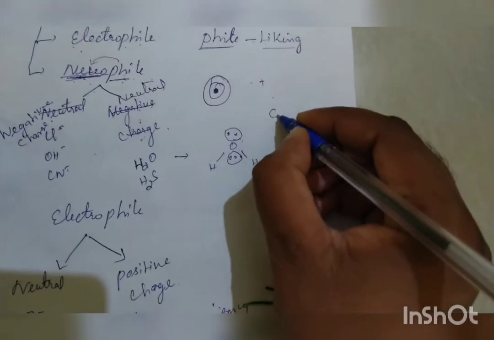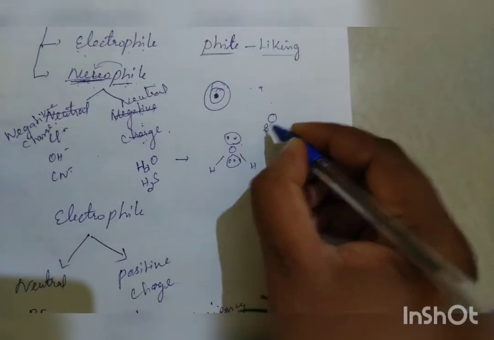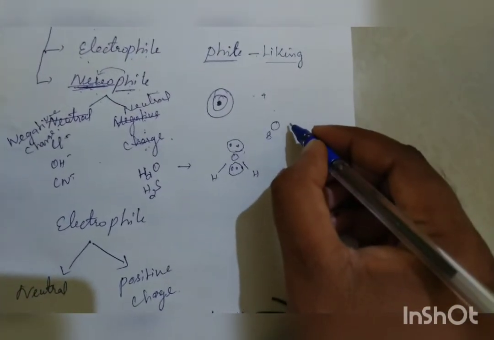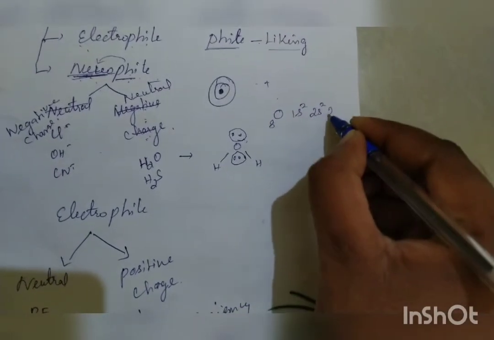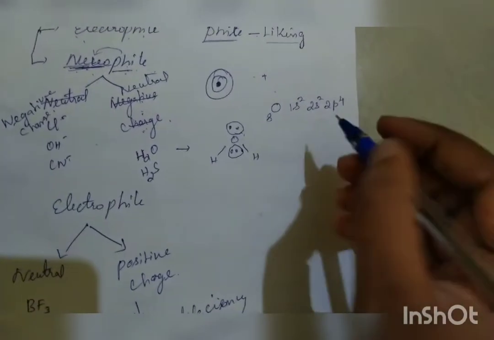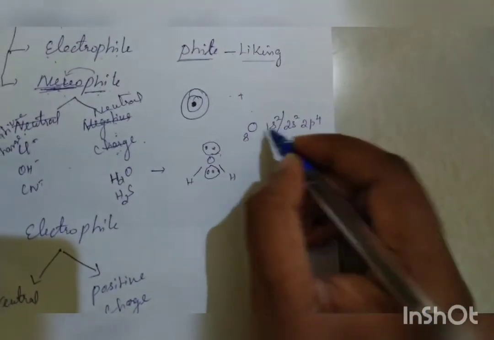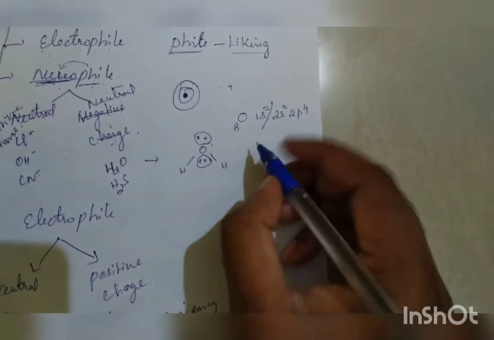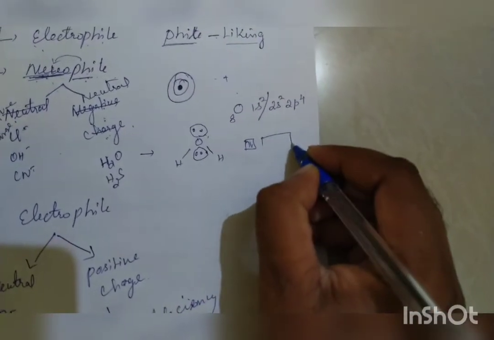What is the atomic number of oxygen? Yes, you are correct. 1s2, 2s2, 2p4.